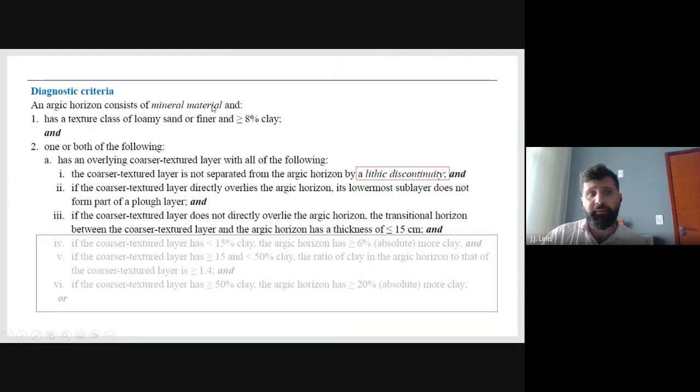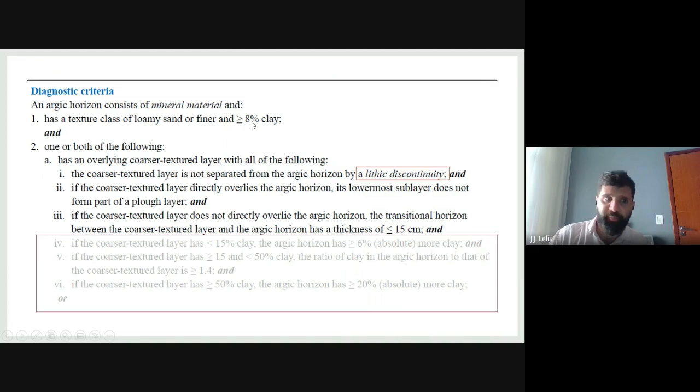Okay, so beyond the low content of organic carbon, it should present a texture class of loamy sand or finer and at least 8% of clay content. Why? Well, we are discussing a soil horizon that accumulates clay, so of course it shouldn't present a sandy texture like sand or loamy sand.